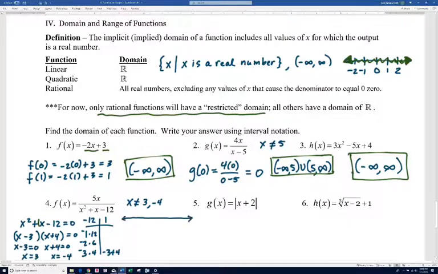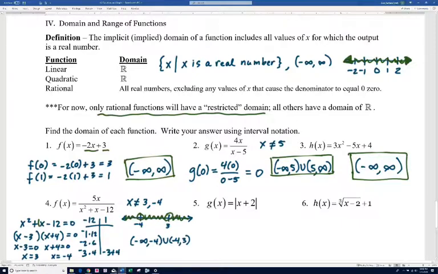So if I actually graph this, it would be the whole number line, and it would exclude negative 4 and 3. And so we're going to go from left to right. That's how we always write interval notation. We start out in negative infinity land, and we go to negative 4. And then we're going to go around negative 4. That's why we're using parentheses there.